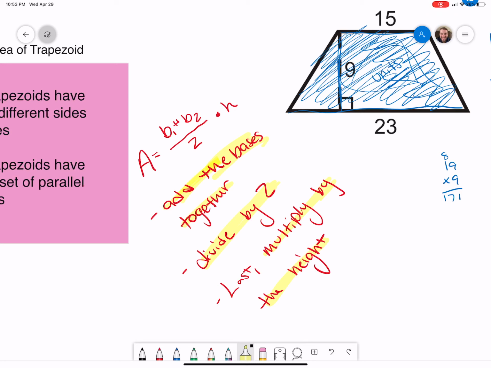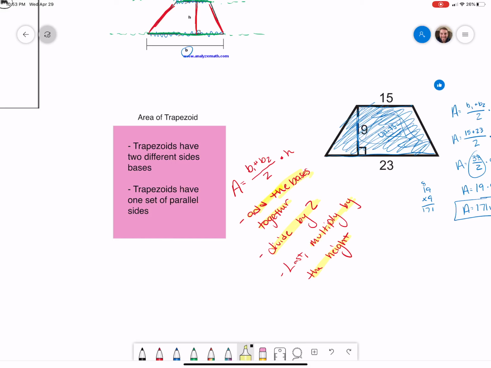So add the bases, divide that number by 2, and then multiply that number by the height. And you're going to get the area of a trapezoid every single time. Okay, so that's in a nutshell what area of a trapezoid is.